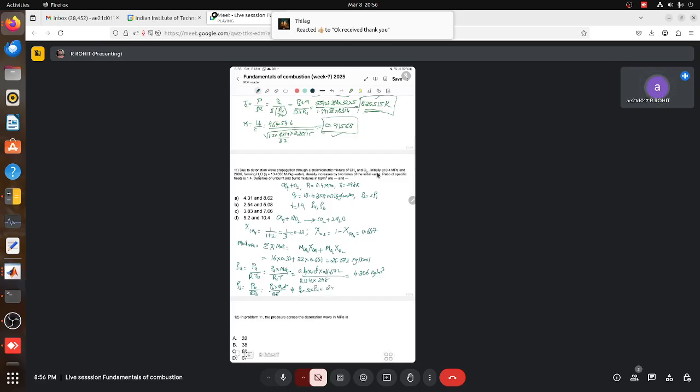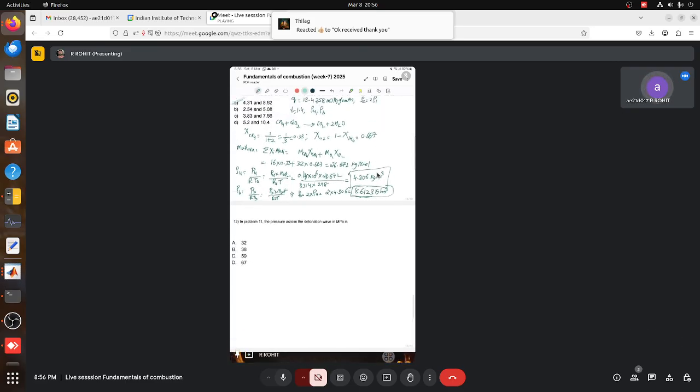So it is nothing but 2 times 4.306, which is nothing but 8.6123 kilogram per meter cube. So this is for unburned and this is for burnt. So your answer will be option A, where you have 4.31 and 8.62 as your answer.